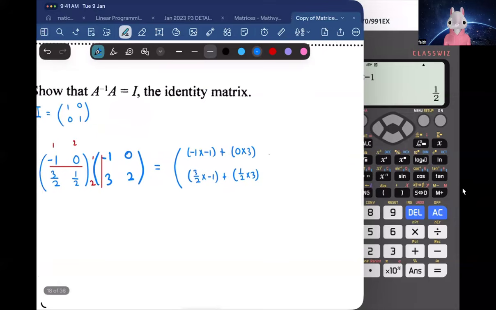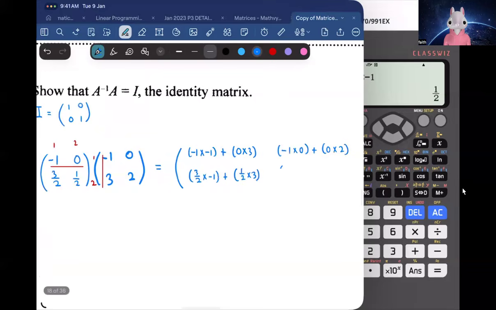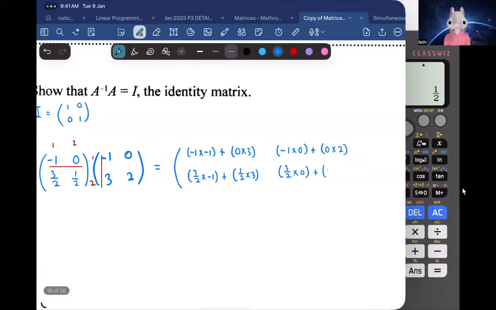What next? -1 by 0. Right? And plus 0 by 2, sir. Then 3 over 2 by 0, plus a half by 2, sir.